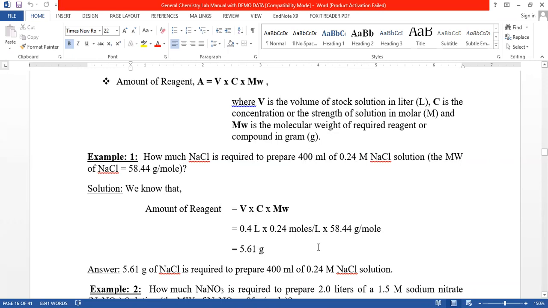So now it is simple: take 5.61 gram sodium chloride and make a solution of 400 milliliter by adding the solvent. Here the water would be the solvent, as it is not mentioned. Whenever you prepare the 400 milliliter solution by dissolving this 5.61 gram of sodium chloride, the concentration would be 0.24 molar.